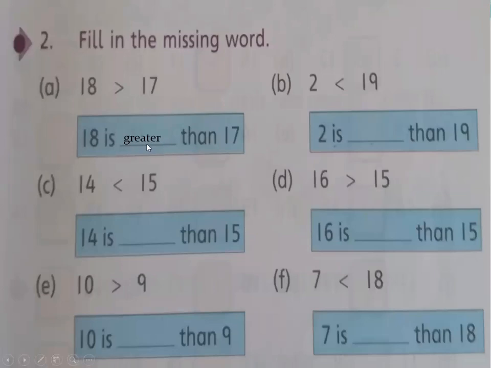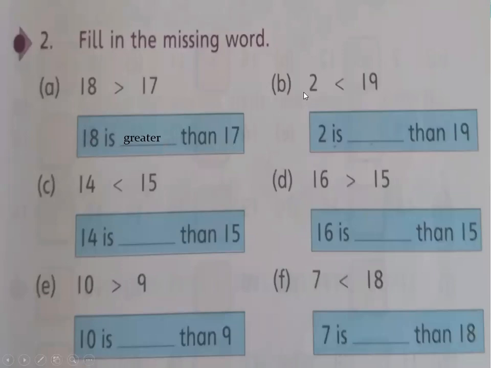What is the spelling of greater? Yes, G. Always remember the spelling of greater. So we write here greater than because the number is greater or big. So 18 is greater than 17.